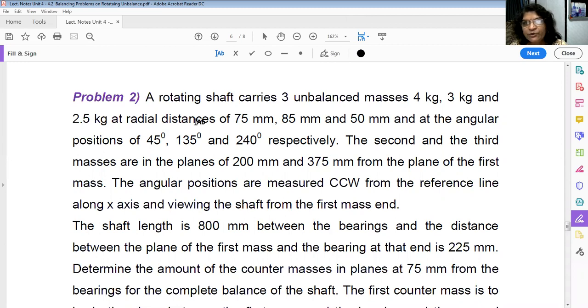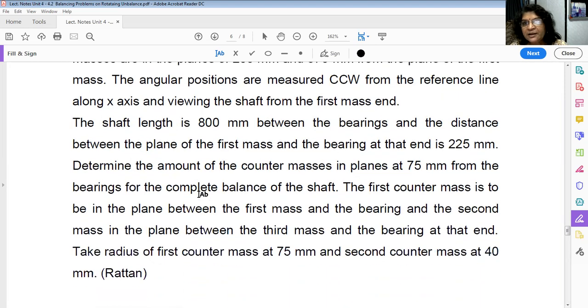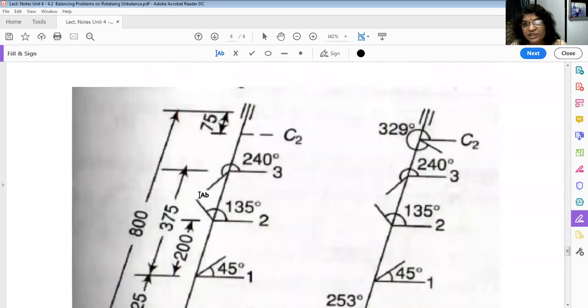That means M1, M2, M3 are given, R1, R2, R3 are given, and theta 1, theta 2, theta 3 are also given. The second and the third masses are in the planes of 200 mm and 375 mm from the plane of the first mass. That means their distances are given from each other.